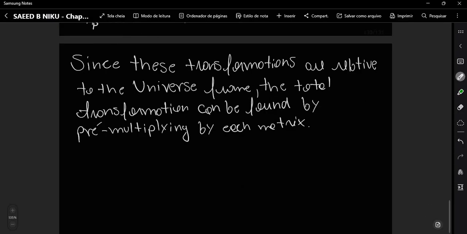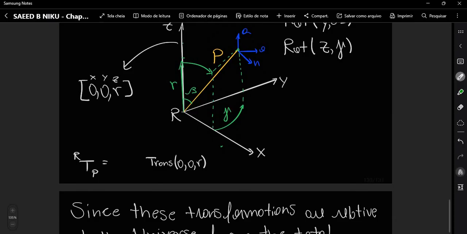And again, we have to pay attention to the notation. This is a transformation in the spherical coordinate system. R, beta, and gamma. Okay.